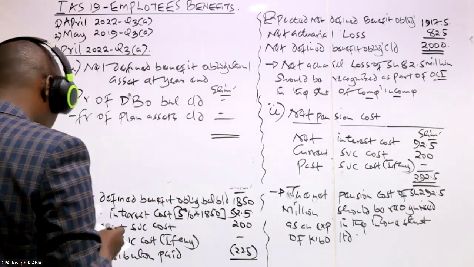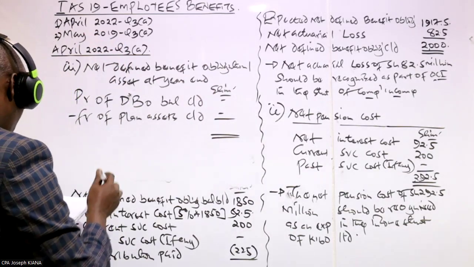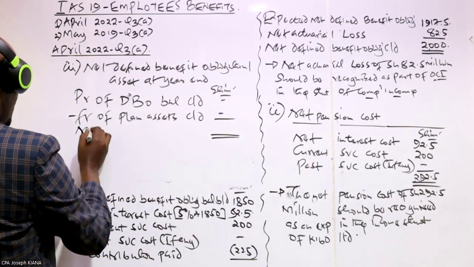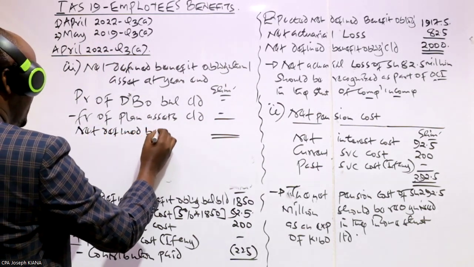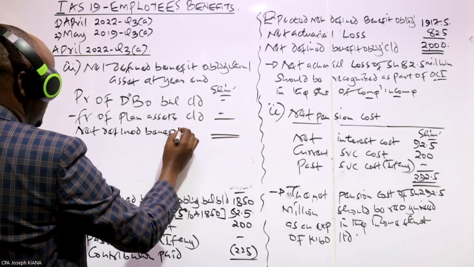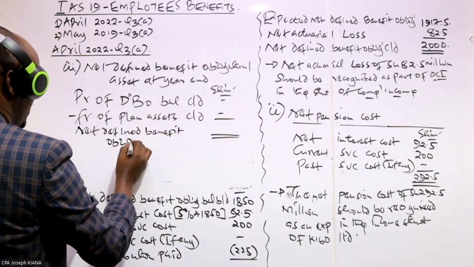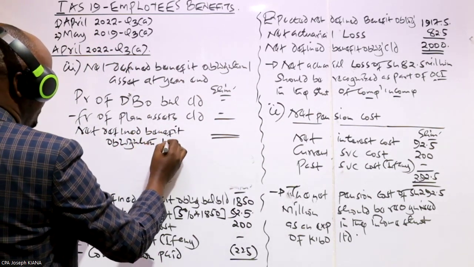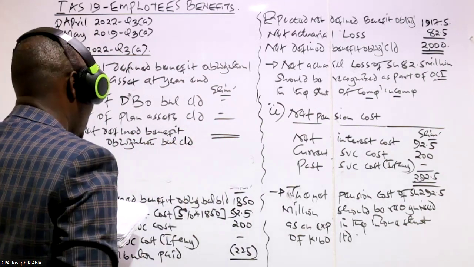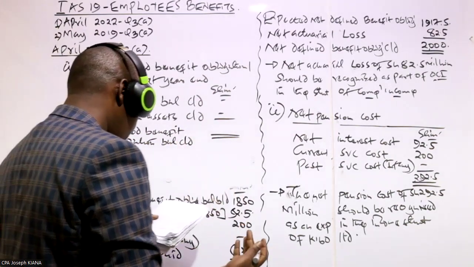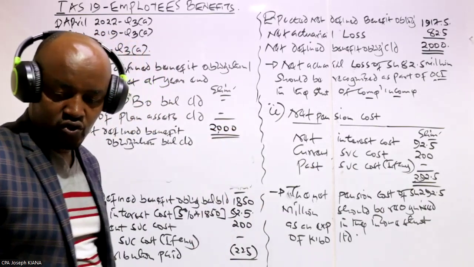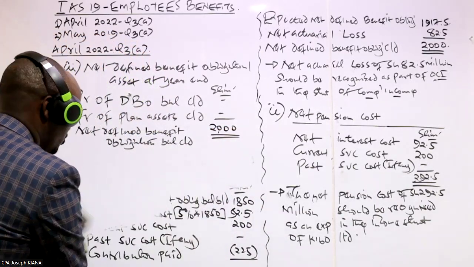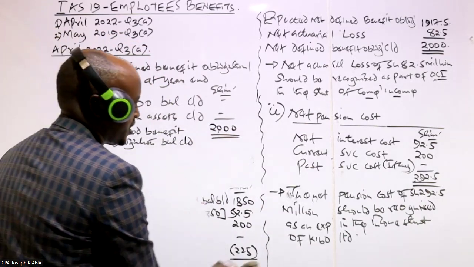In this question, because that figure has already been computed for us, we are given the net defined benefit obligation balance carried down, which is the balance at the end of the year, a figure of 2,000 million. So how should this be recognized in the financial statements?